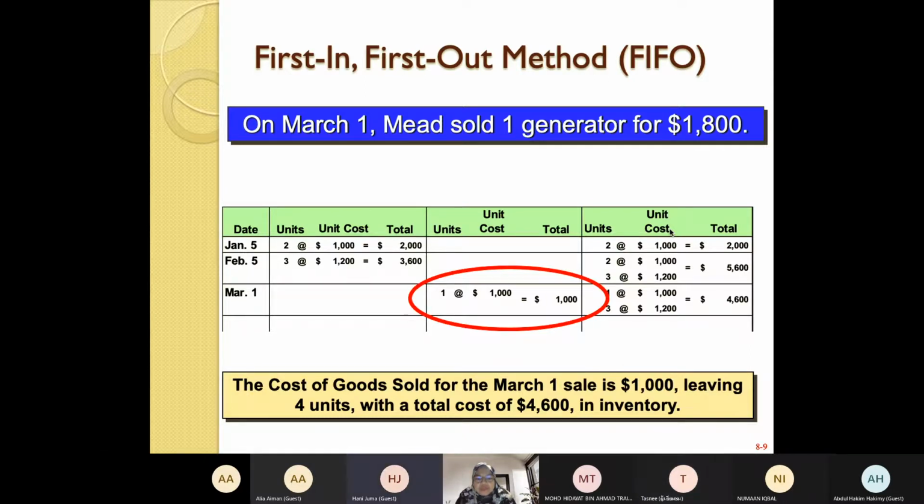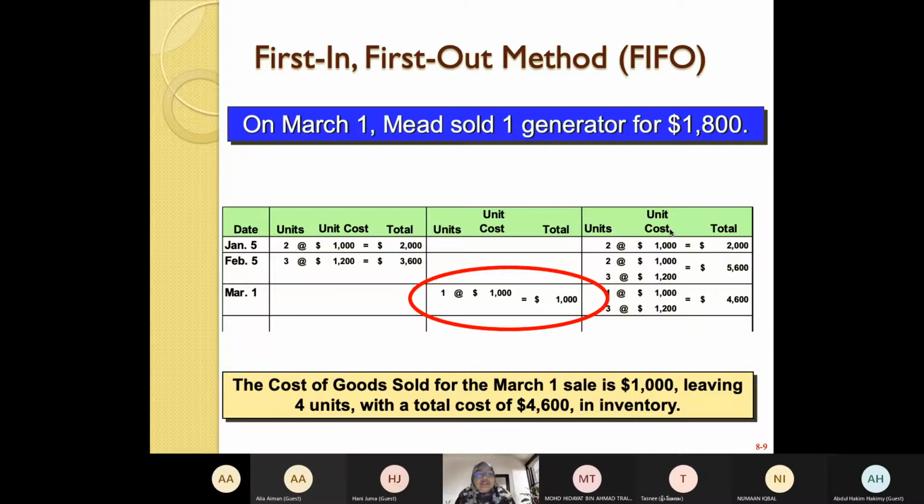Yes, doctor. So when it comes to March 1st, you sell one unit for 1,800, but using the first in, first out method, you have to record your goods sold based on first in, first out. So looking at your balances, which one is the first in? The cost 1,000 or 1,200? 1,000 is the first in.